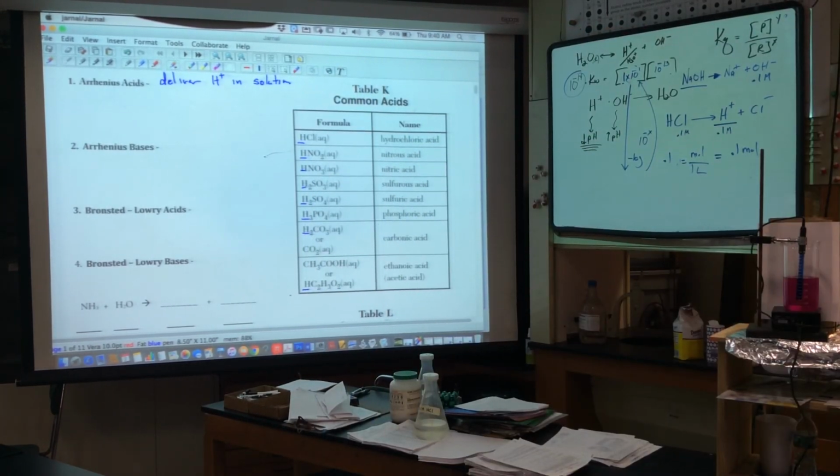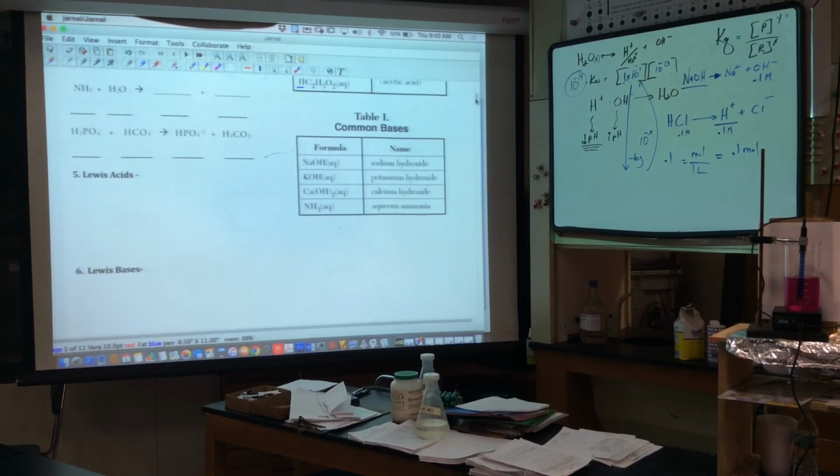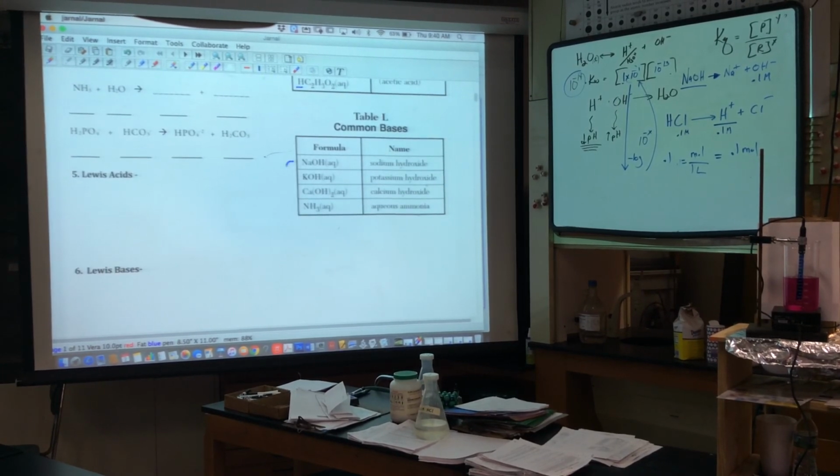What do you think an Arrhenius base is? You deliver OH minus in solution. If you notice, Table L is given to you, and these three bases are Arrhenius bases because they have hydroxides.